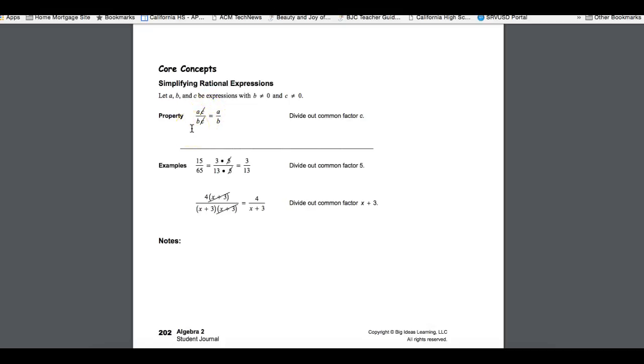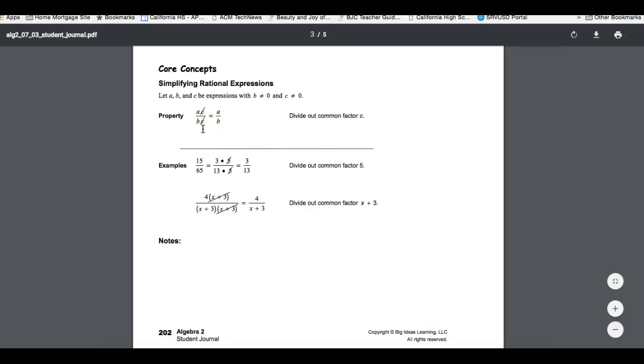Now, one thing that I want to clarify with you, this works if we are multiplying together. If our expression looks like this, if we have a plus c over b plus c, this does not work. We can't simplify, we can't factor out c.